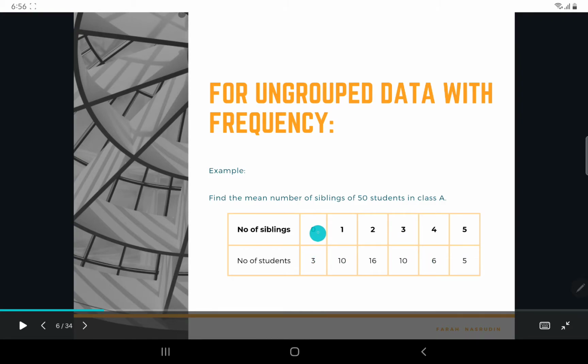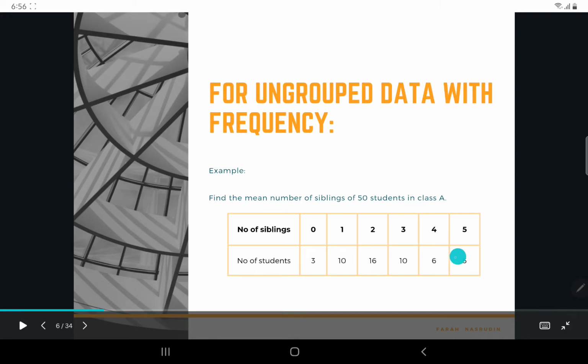Because there are 3 students who didn't have siblings, 10 students having 1 sibling, 16 students having 2 siblings, 10 students having 3 siblings, 6 students having 4 siblings, and 5 students having 5 siblings. Meaning that this is the frequency.